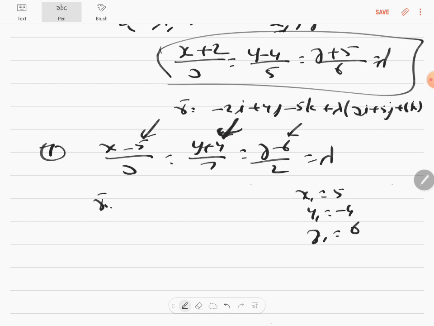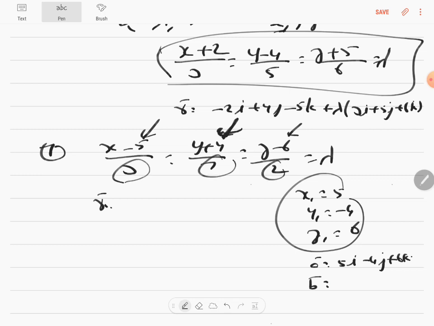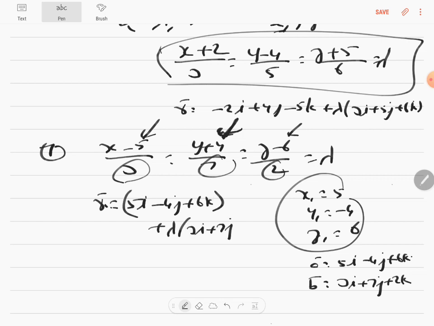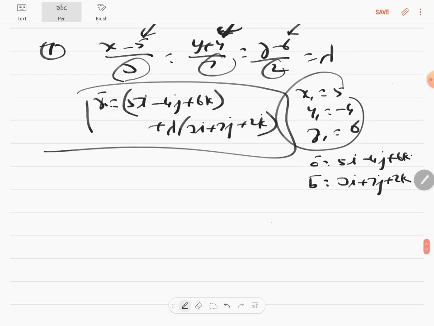So you got your a vector, which is 5i minus 4j plus 6k. And what is your parallel vector? The one in the denominator is the b vector, 3i plus 7j plus 2k. So the vector format is r vector is equal to 5i minus 4j plus 6k plus lambda times (3i plus 7j plus 2k). And that is how you convert this into vector form.